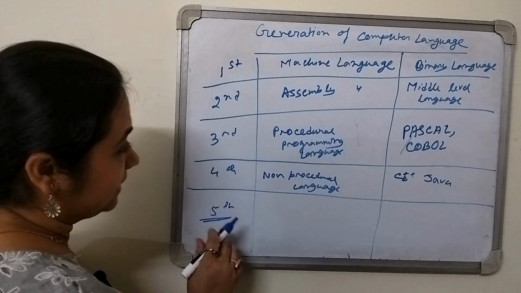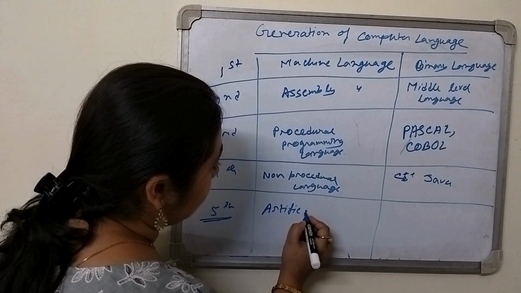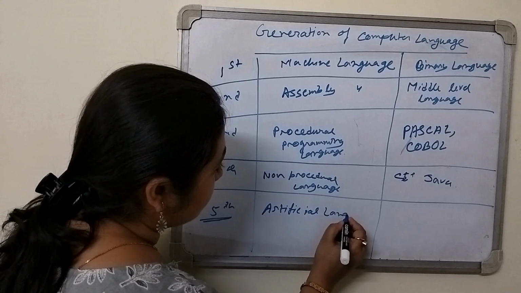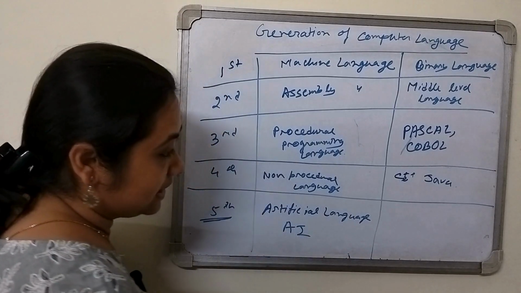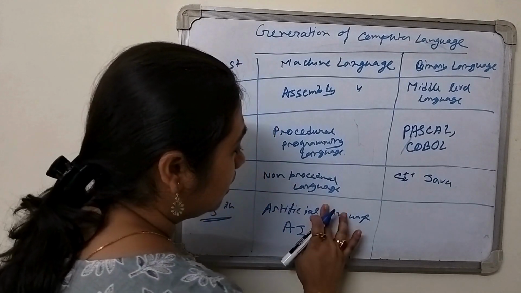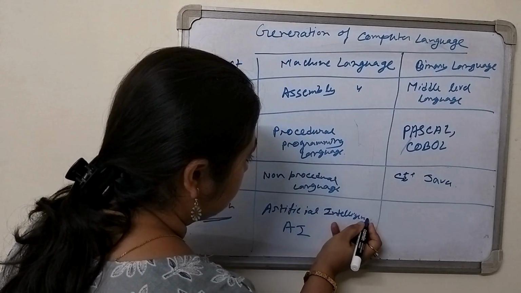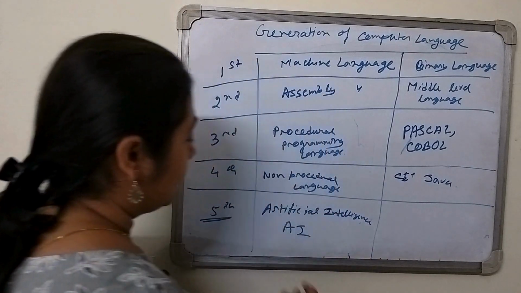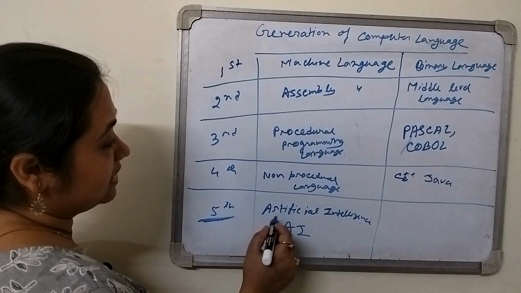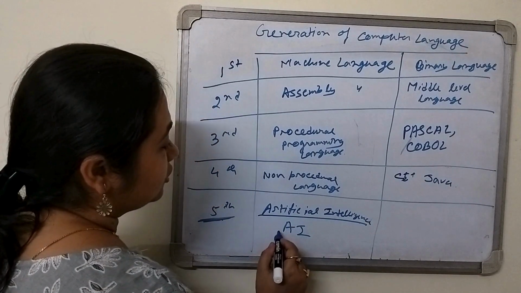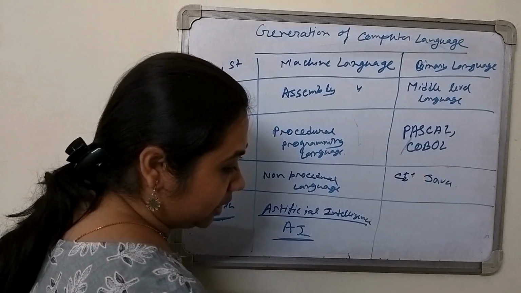And the fifth generation language is the artificial language, or in a shortcut manner, the AI. Or we say artificial intelligence. Now coming to the next part, the fifth generation is known as the artificial intelligence, or in short, the AI. So what is the example of this?